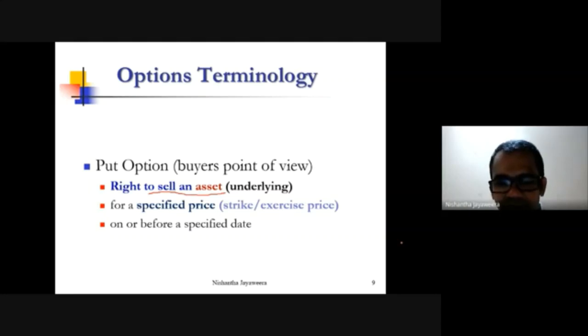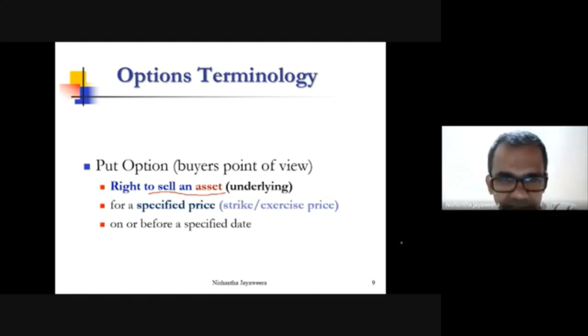So as I mentioned, always think from the point of view of the option buyer. The buyer has the right. If the option is a call option, the buyer has the right to buy the underlying. If the option is a put option, the buyer has the right to sell the underlying. That's it.